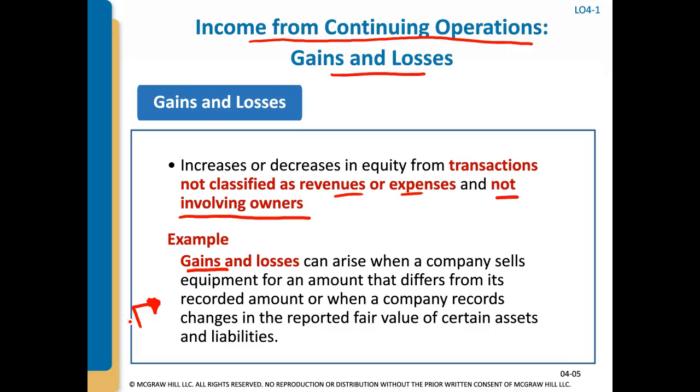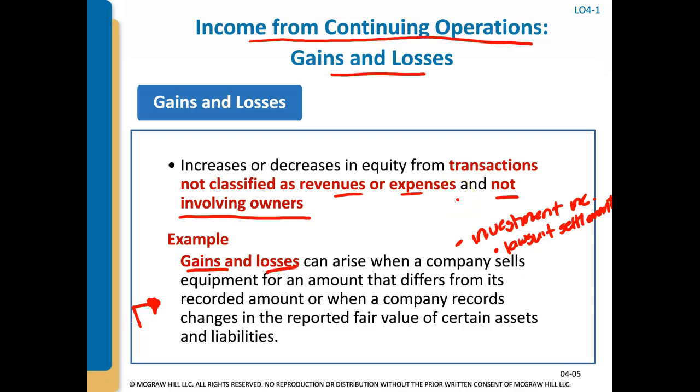Another example of a gain is if you have investment income, assuming you're not an investment company. Investment income would also be a gain. If you settle a lawsuit, some random lawsuit, and you receive income from it, that would be a gain. On the flip side, if you settle a lawsuit and you have to pay out money, that would be a loss.